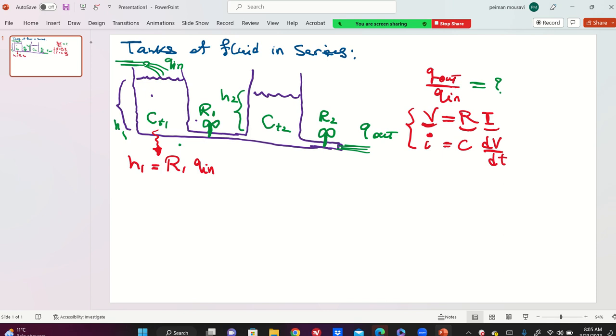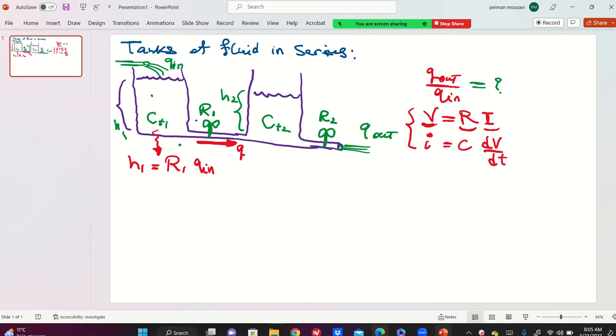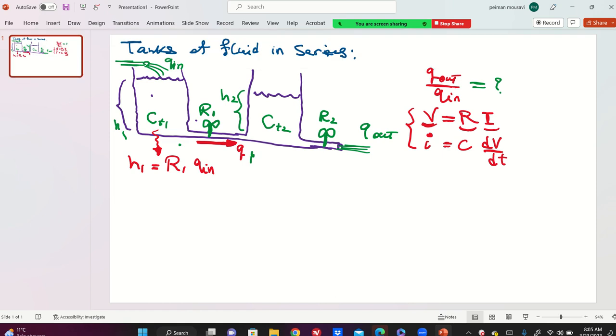But when this comes here, you have this intermediate flow between the tanks, say QT, transition flow.